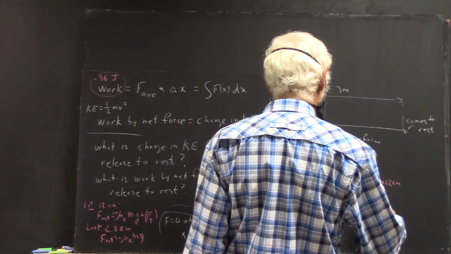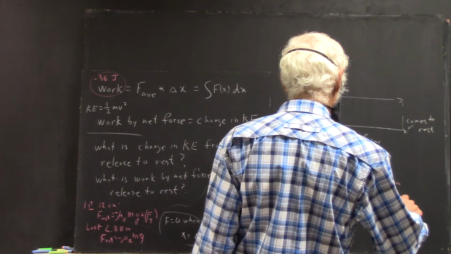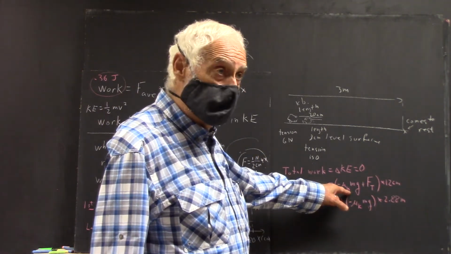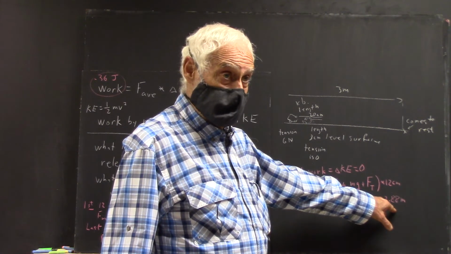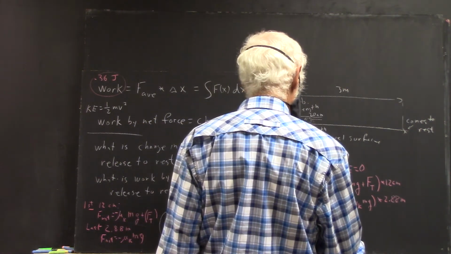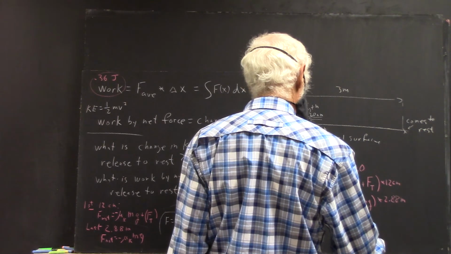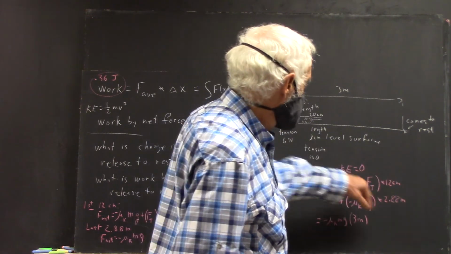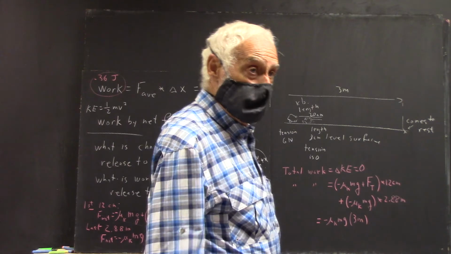What else is the total work? It's the work done in the first 12 centimeters, which is this, plus the work done in the remaining displacement, which is this. So we've got a like term here, mu k mg times 12 centimeters and a negative mu k mg times 288 centimeters.